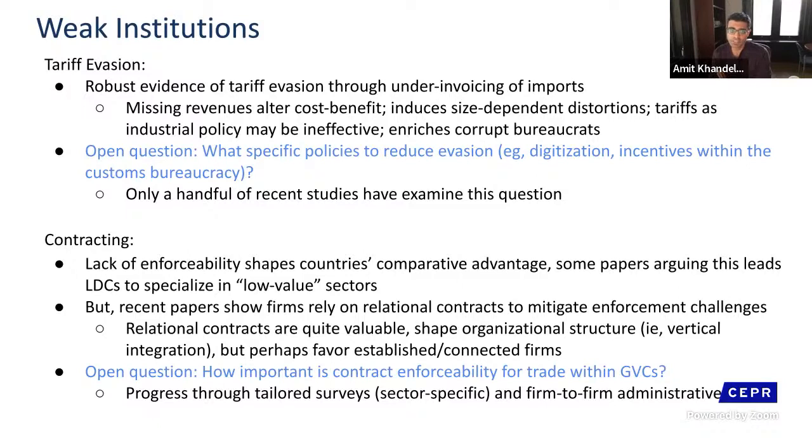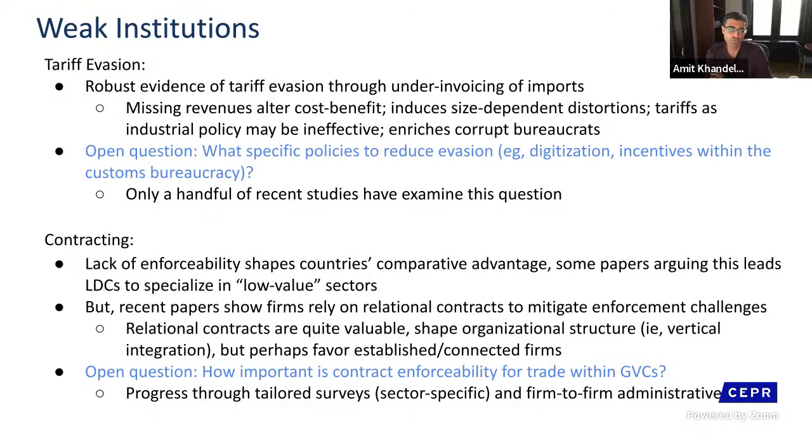Tariff evasion may be done by certain kinds of firms with certain kinds of access, which is effectively introducing a size-dependent distortion, where some firms are paying tariffs and other firms are not within a country. We know that, particularly these days, industrial policy through trade is still actively used in developing countries. But if there is rampant tariff evasion, it means that tariffs as a form of industrial policy may be ineffective. And then it may also be enriching corrupt bureaucrats.